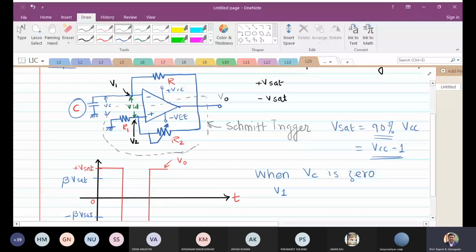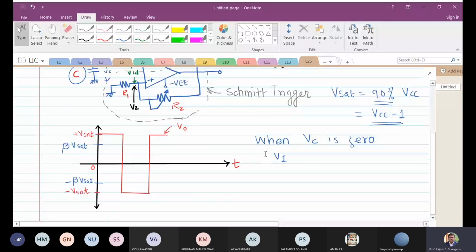Guys? Obviously, V1 is equal to VC, which is equal to 0.